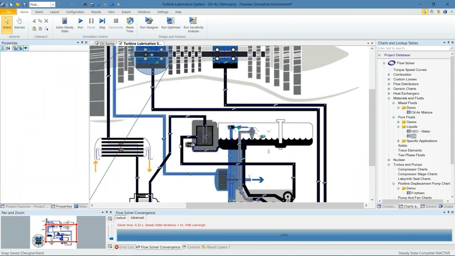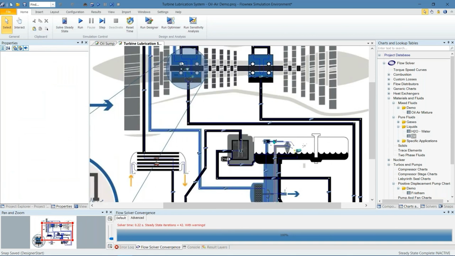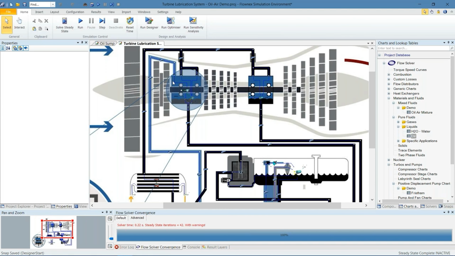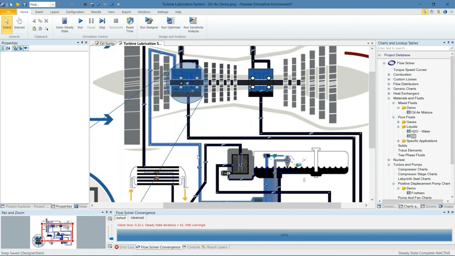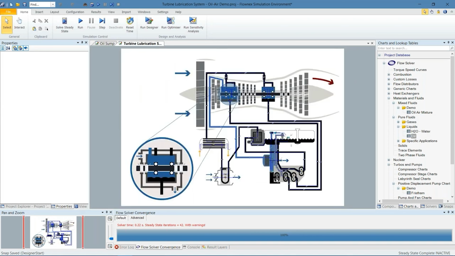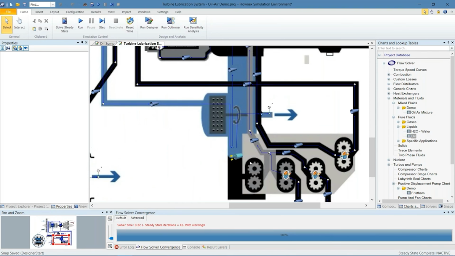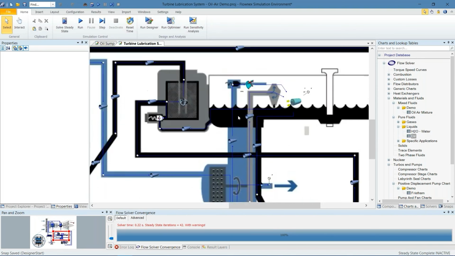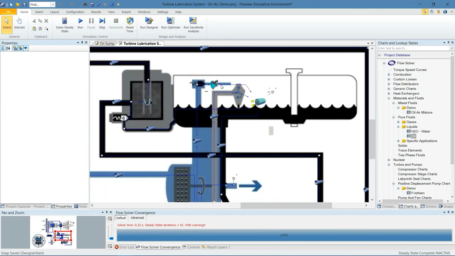If we zoom out a little bit, we can see the air from this first bearing cavity. The air can flow up through this vent line and then through a strainer into another small storage tank, and then from there the air can pass into this main reservoir, just flowing through a check valve first so that there's no return flow in this direction.